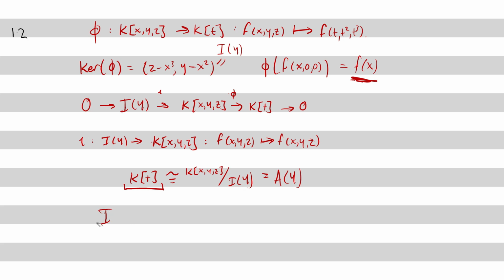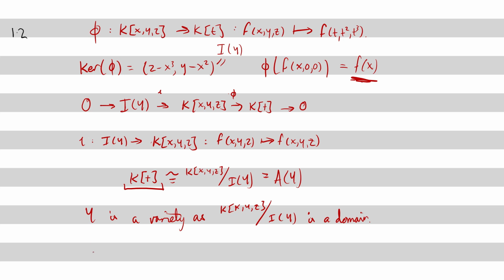Therefore Y is a variety, as k[x, y, z] over I(Y) is a domain. This is because of the Nullstellensatz, corollary 1.4.